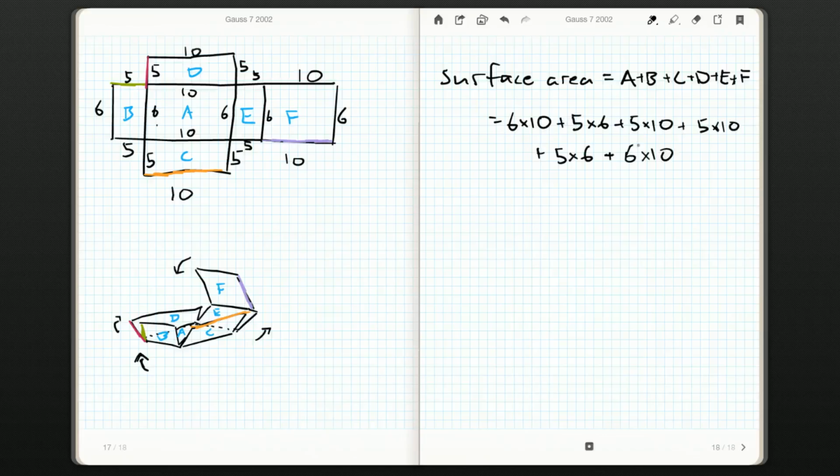Okay. Now, I should point out that if you know the dimensions of a rectangular prism, so if you know the length, width, and the height, there is actually a formula for the surface area, which I'll write down in a moment. And if you knew that, and you read the original diagram and knew that we'd have dimensions of 5, 6, and 10, you could have used that formula to get the surface area. I like this method. Sure, it takes a little longer, but I'm not actually writing a contest right now.